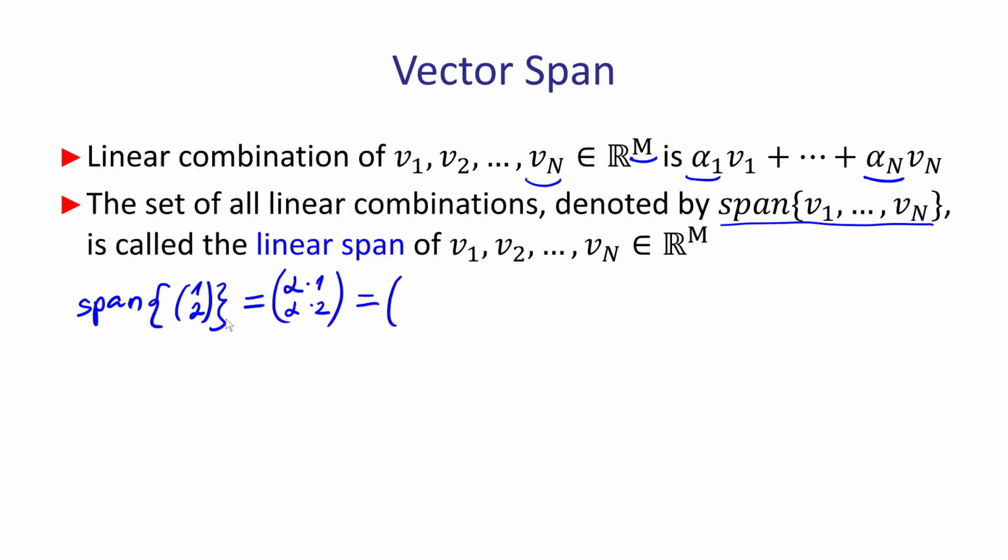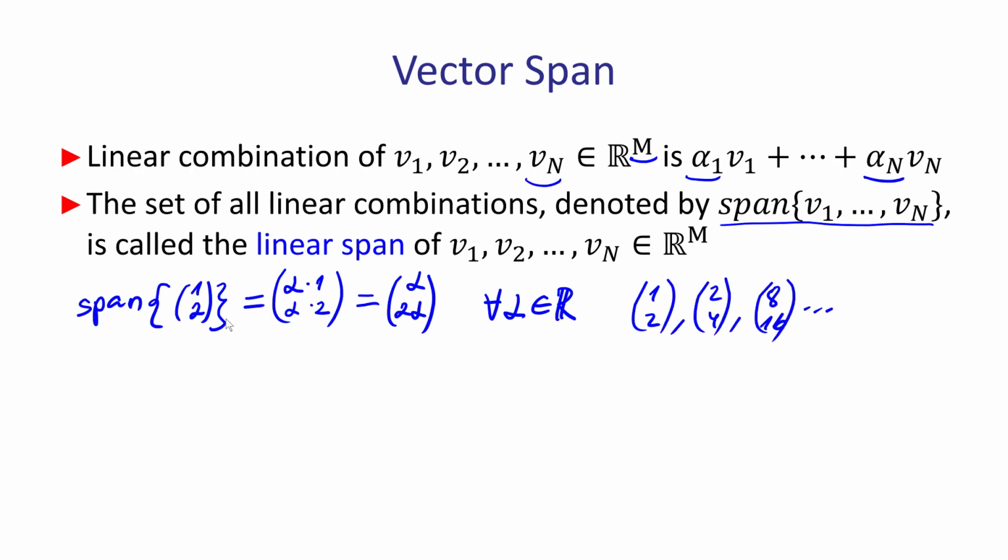So it's the vector alpha and twice alpha for all alpha belonging to, for example, real numbers, or it could also be complex numbers, but it doesn't matter. So all of the vectors, which is 1, 2, 2, 4, 8, 16, and so on, all of those vectors belong to span of the vector 1, 2, because all of them are proportional to that vector.